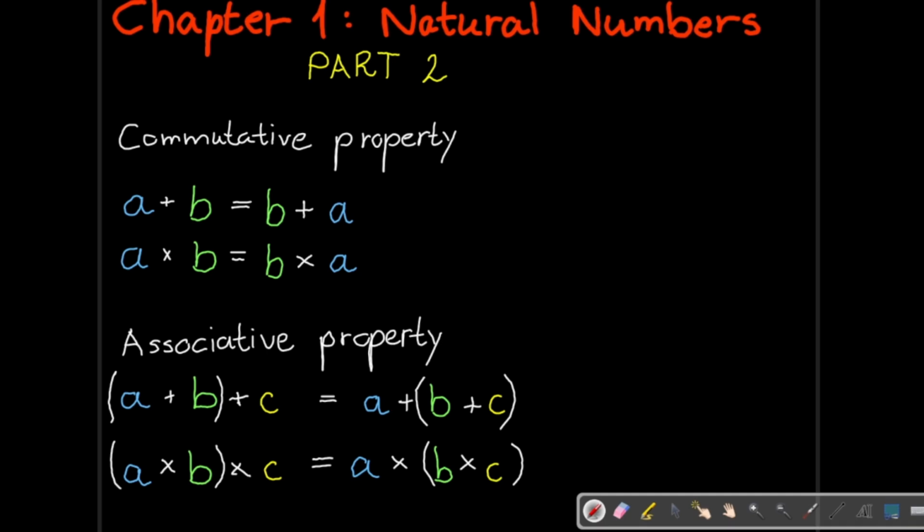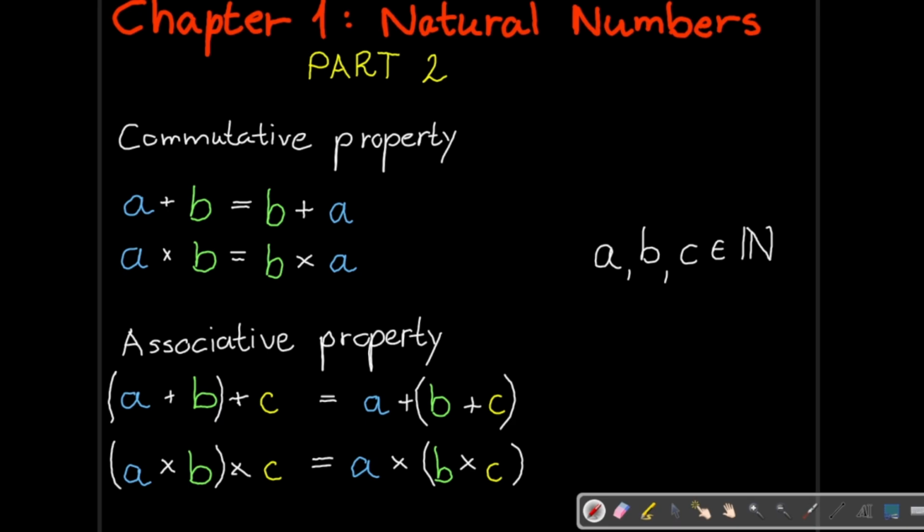So since this chapter is called natural numbers, we will take that the numbers A, B, and C are a part of the natural numbers. So I'm just adding some new notation here.